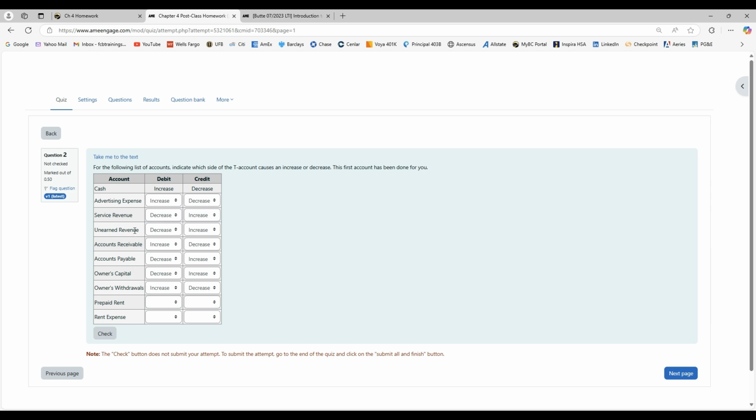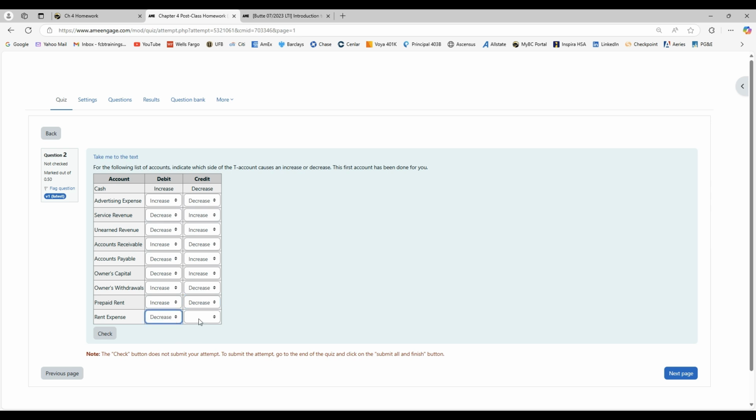So it's kind of similar to an expense. That's probably the easiest way to think of it, like an expense, essentially, as it has the same impact of debits and credits. Prepaid rent is an asset, and so we increase with the debit, decrease with the credit.